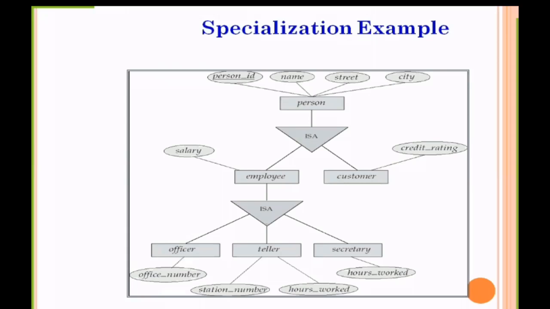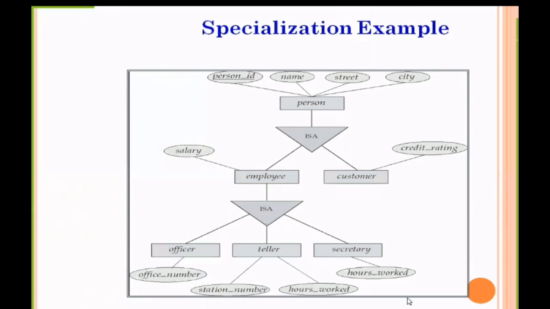So as we are coming down, we are making our entity sets special by adding some properties into them. But as we are going from bottom to top, we are taking all the common features of entity sets and combining them into one entity set with the common features. That is called the general form, generalization.